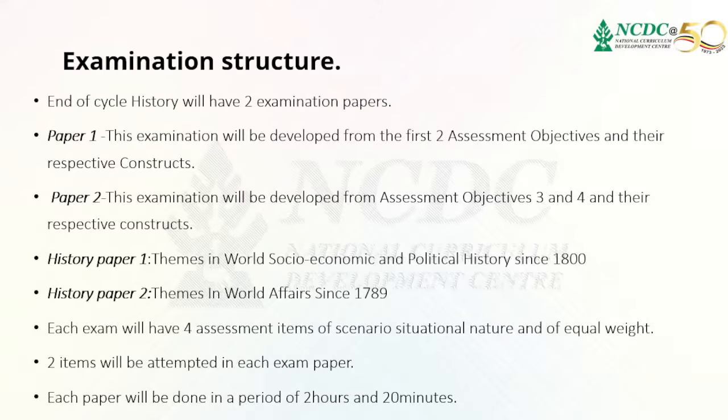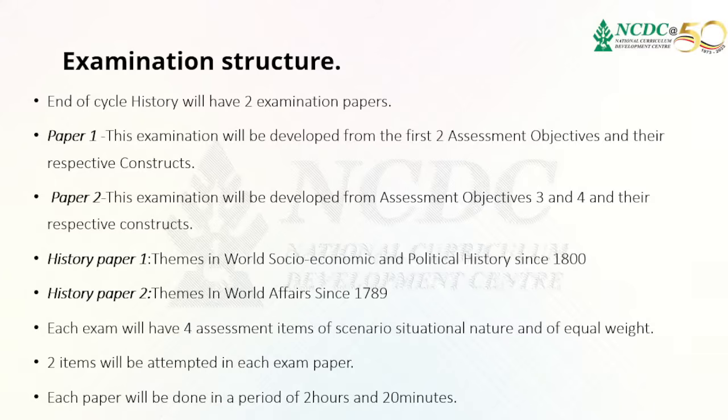That's the title for History Unit 2 that we are using now in Senior 5 and 6 of the reviewed A-level curriculum. Then each exam will have 4 assessment items of scenario situational nature and of equal weight. 2 items will be attempted in each exam paper. 4 will be set and you select 2.